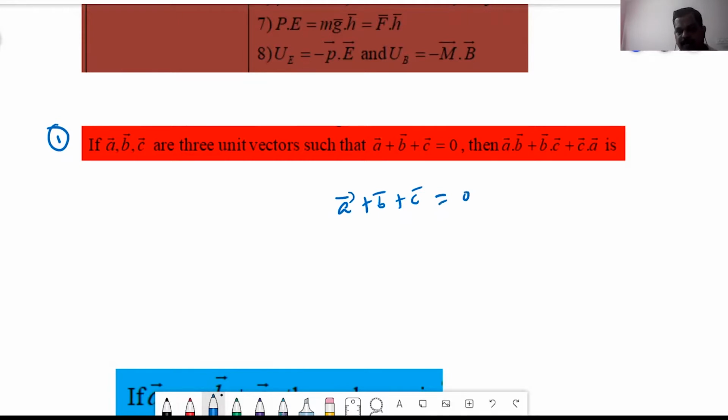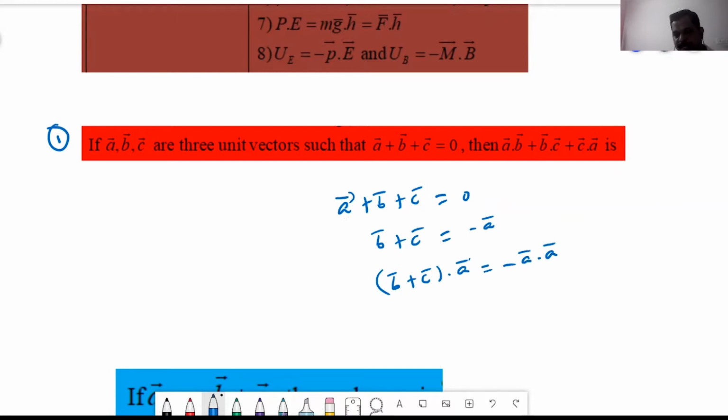So we can write B bar plus C bar is equal to minus A bar. Let's take the dot product on both sides with A bar. So B bar plus C bar dot A bar is equal to minus A bar dot A bar.